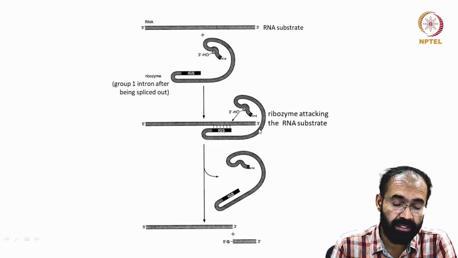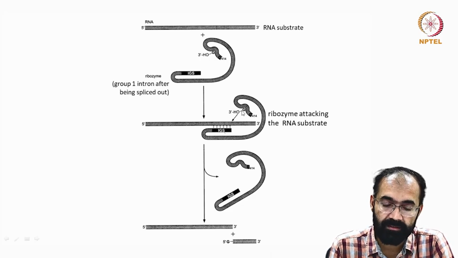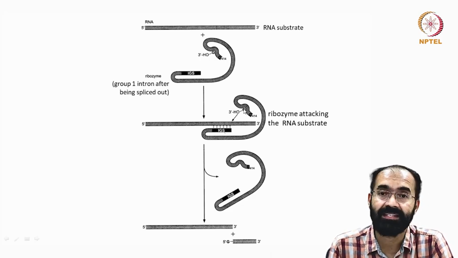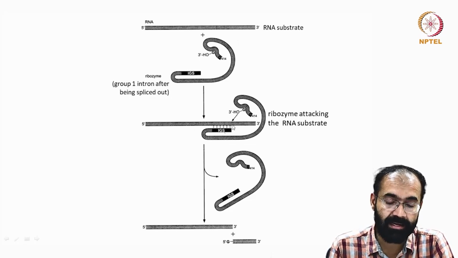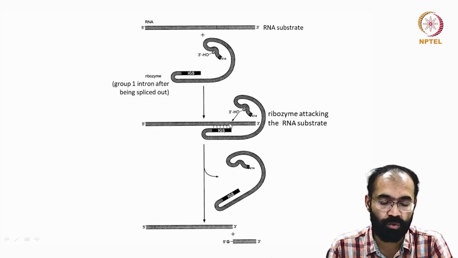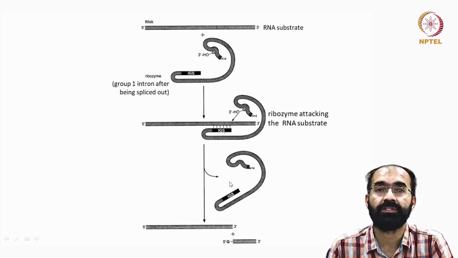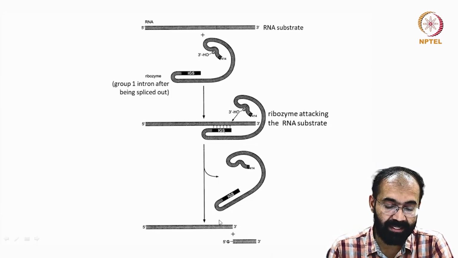So as a result, the RNA substrate now gets cleaved because this 3' OH of the external guanosine can attack onto the substrate RNA, breaking this RNA into 2 pieces. Now this group 1 intron ribozyme will be released and you end up getting 2 pieces of the substrate RNA.